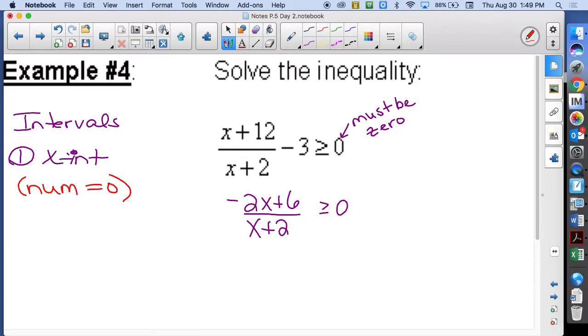So an x-intercept, when you have a fraction, is found by taking the top and setting it equal to 0. The other way we get our interval is by finding what value makes the denominator 0. So I'll say denominator. This morning I spelled this wrong. I flipped my M and N.